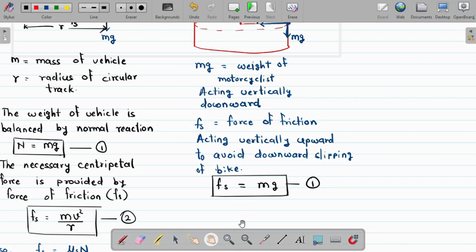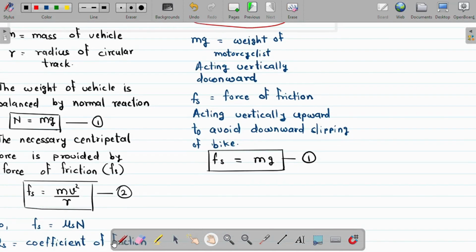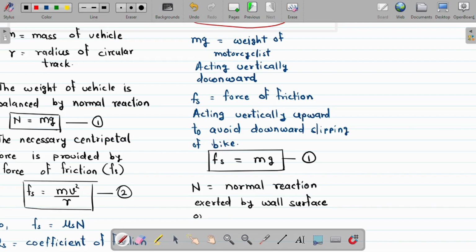Also, from that figure we know N is the normal reaction exerted by the road surface, or that wall surface you can say, on the biker, of course along with its bike.